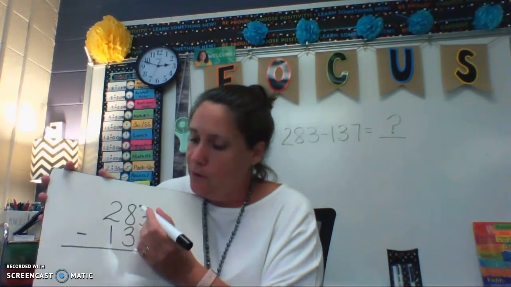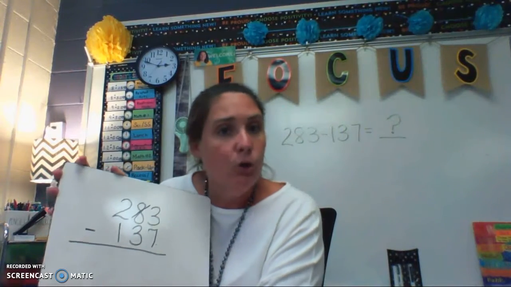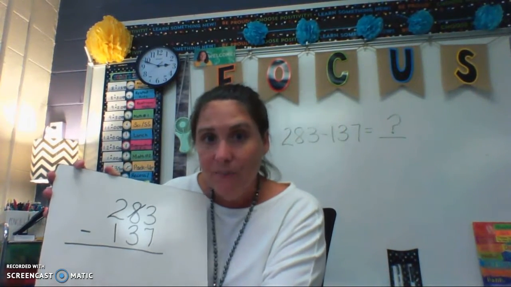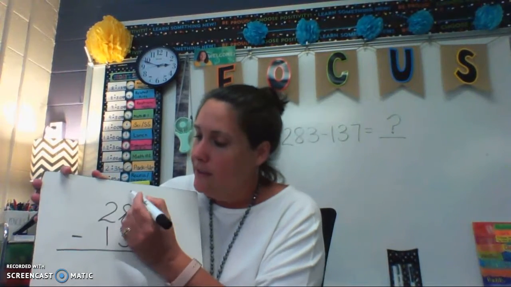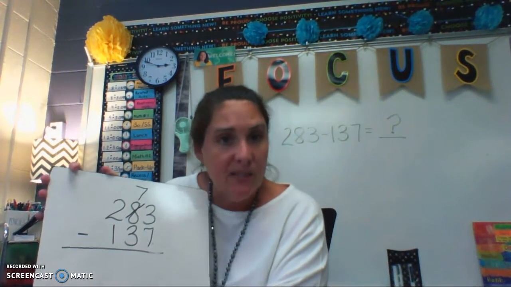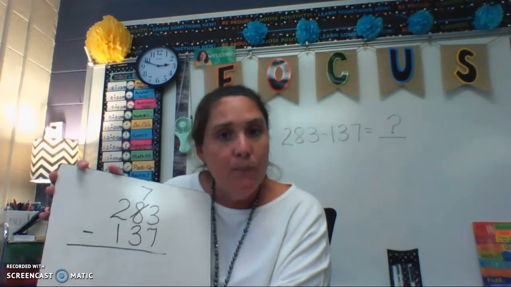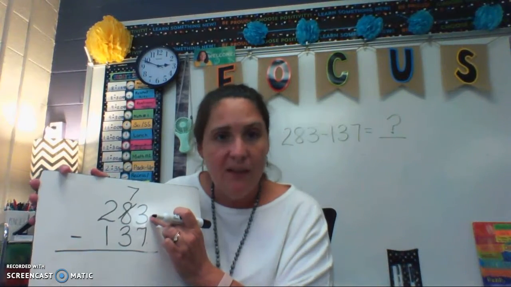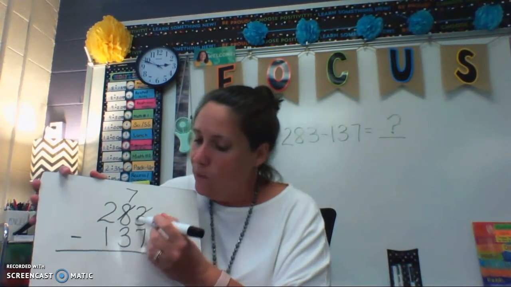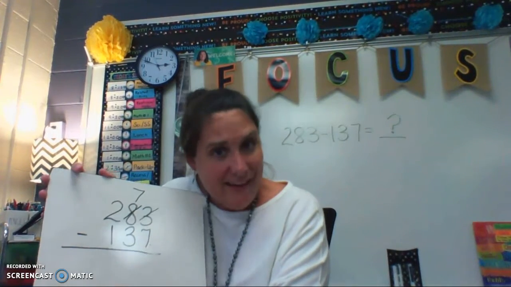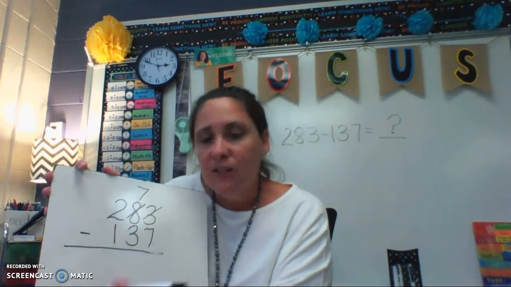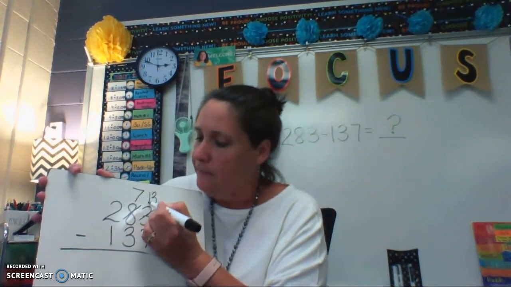I'm going to take one group of 10 away from the 8. So I'm saying 8 minus 1, and that equals 7. Put it up top. And then that group of 10, I'm going to give to my ones place, the 3. So what I'm really saying is 10 plus 3, and 10 plus 3 is 13.